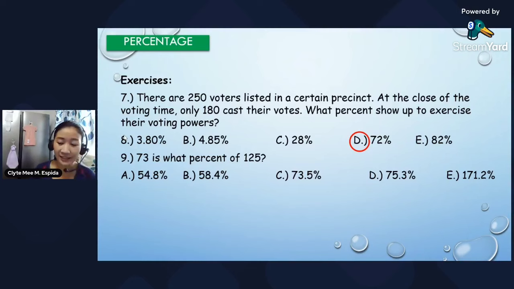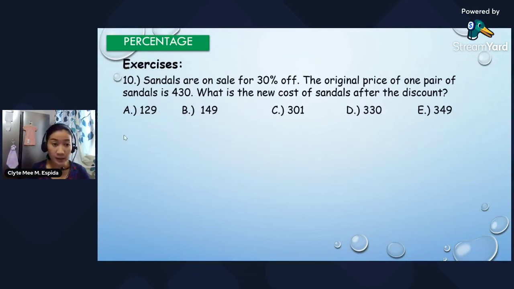The correct answer is letter B. You divide 73 by 125. So that is 58.4%. Let's have the next number.